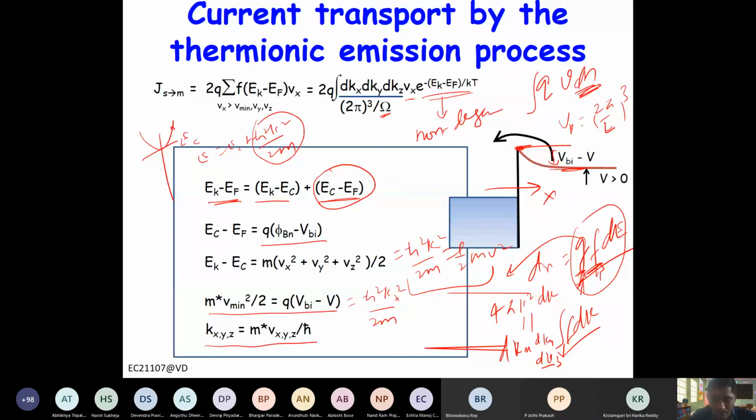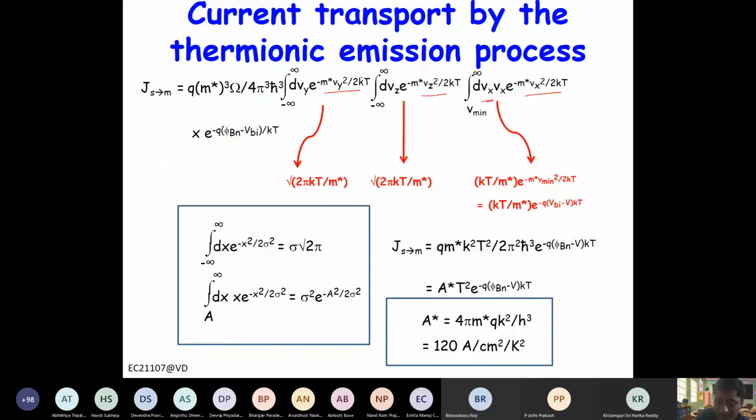Okay. Now what we do? We break down this component, exponential of (E minus EC) by kT, so that you can write it for x, for y, for z, right? For x, this Vx will appear. For y and z, there is no such component because current is in the x direction.